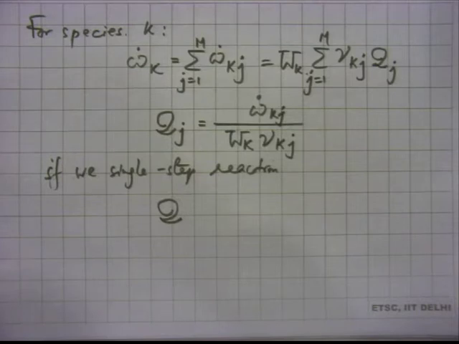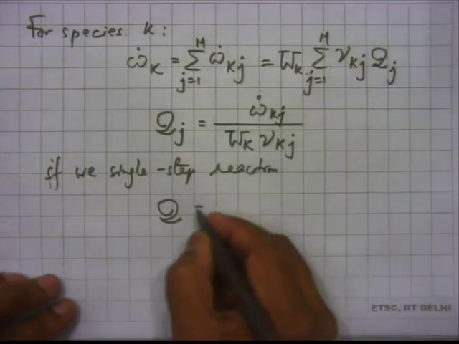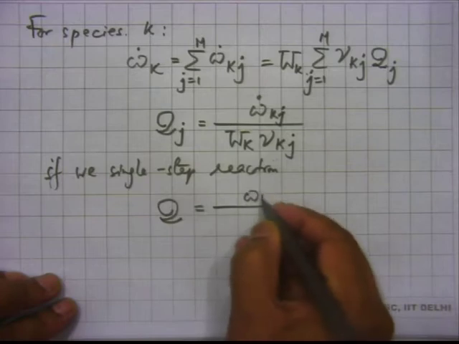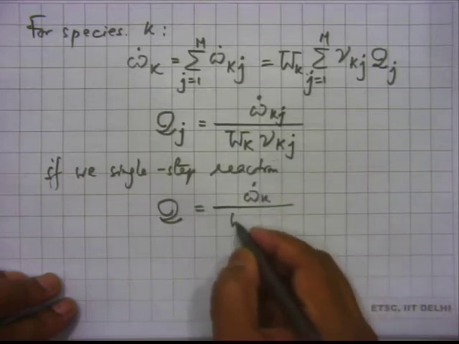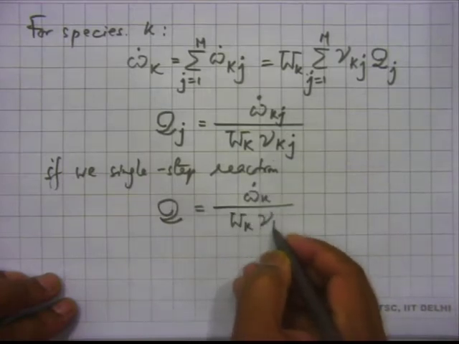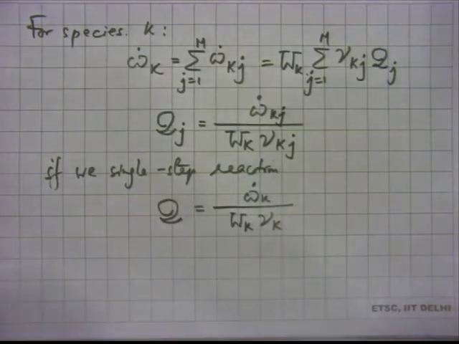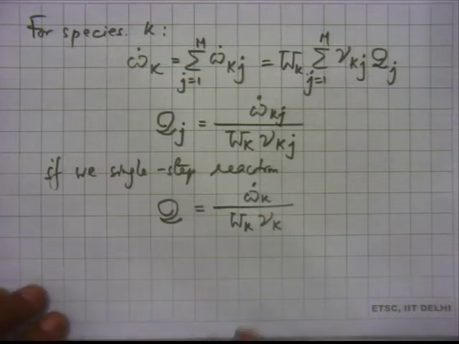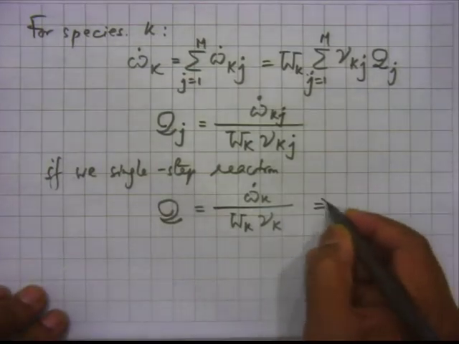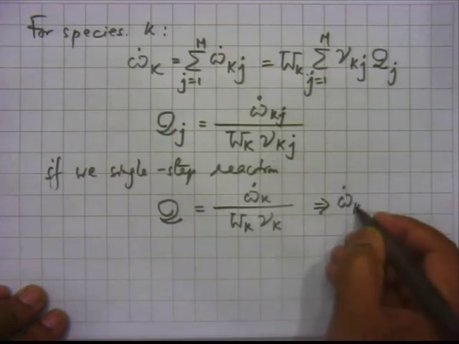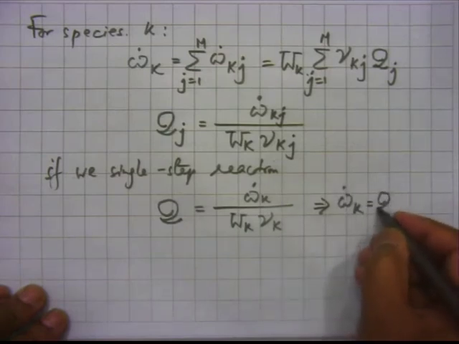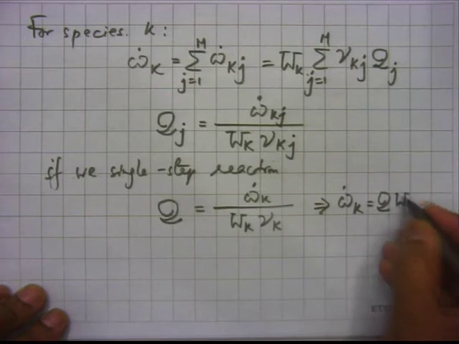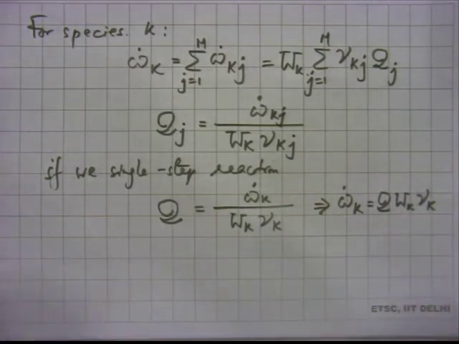So, there is no point in writing j, and then that becomes omega dot k divided by Wk nu k, because j is only one, only one reaction that we are talking about. And this gives omega dot k as Wk into nu k.